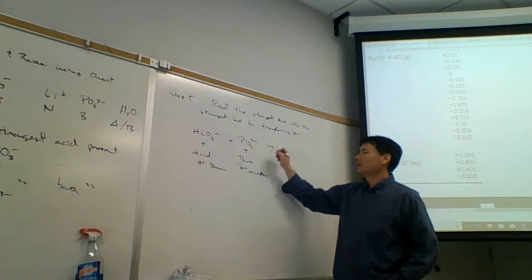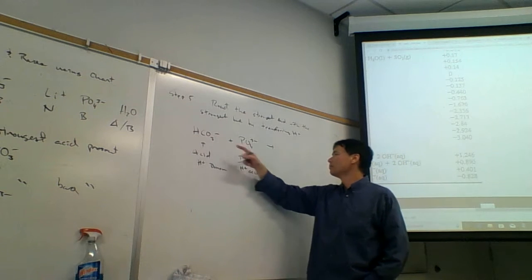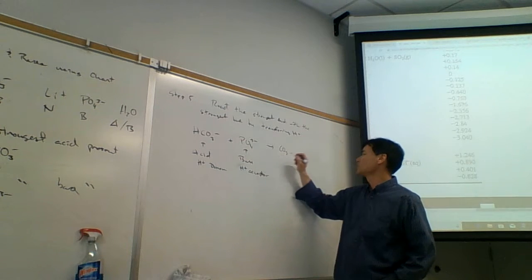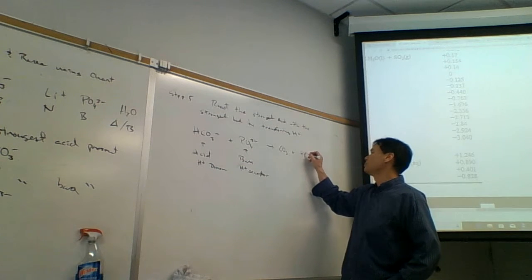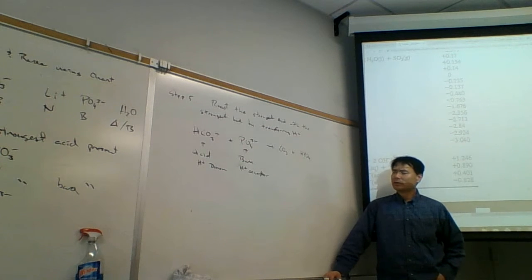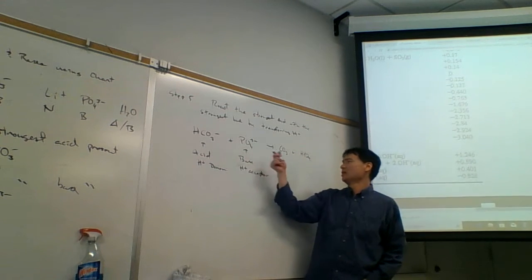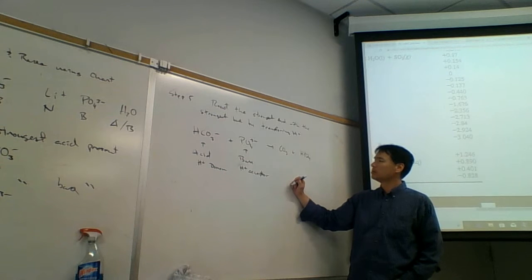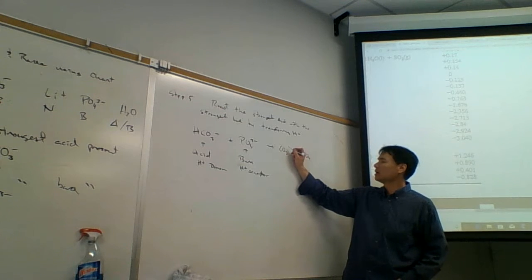And so the acid's going to lose an H plus. That's going to leave me with CO3. And the base is going to gain an H plus. That's going to leave me with an HPO4. So I just moved the hydrogen. But it's not just a hydrogen, it's a hydrogen plus ion. So bicarbonate loses an H plus. What's its new charge? Or what's the charge on carbonate?